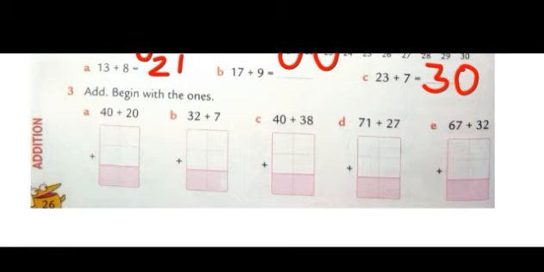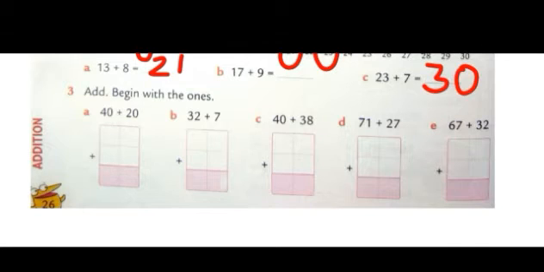Add and remember, begin with the ones. First, we need to arrange the numbers in the given box and then we will start adding them. So, what is the number that is given here? 40 and 20.